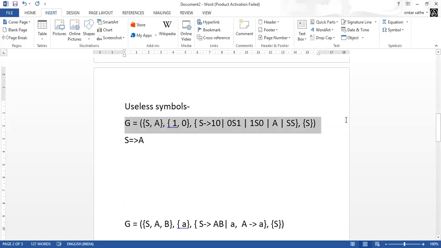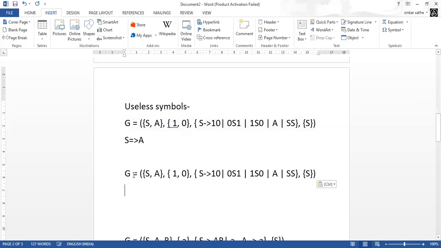So the resultant grammar can be written as G equal to, now we are going to remove this A, so the set of non-terminals only S, set of terminals as it is, production 10 as it is, 0S1 as it is, 1S0 as it is, and we are going to remove the production S gives A. So this is the resultant grammar for the given grammar after removing the useless symbols.